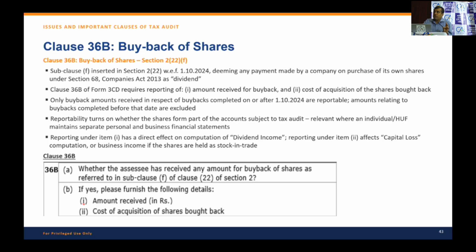The only challenge what I see here when it comes to cost of acquisition is concerned, cost of acquisition for the purpose of income tax or cost of acquisition in books, because as some few minutes ago we discussed that cost for AS 13 and for ICDS securities is different.